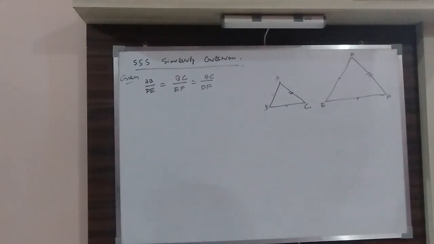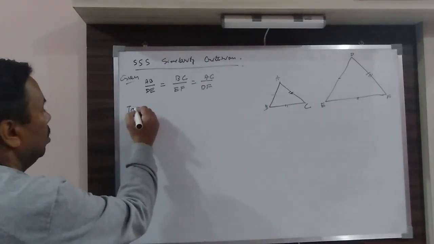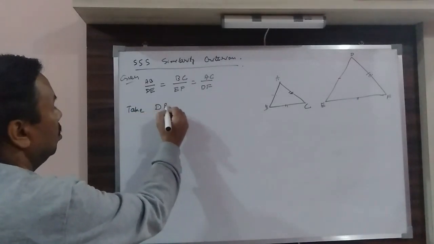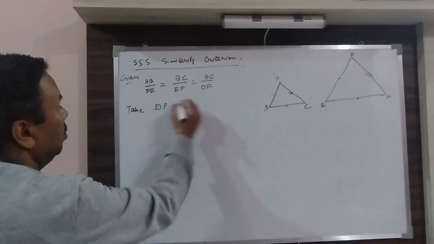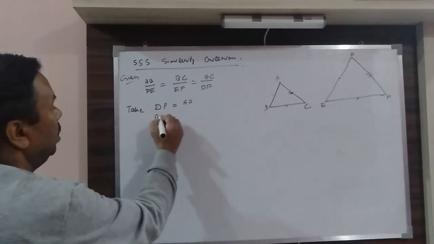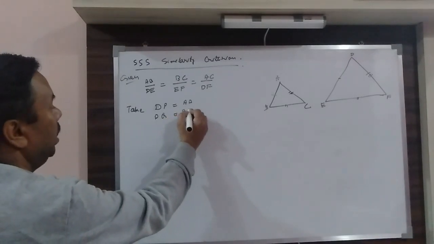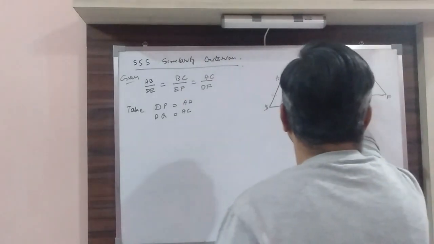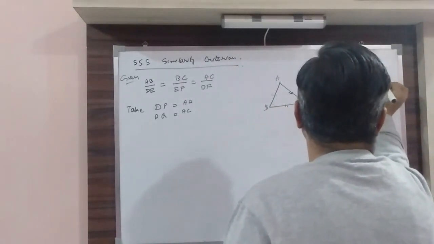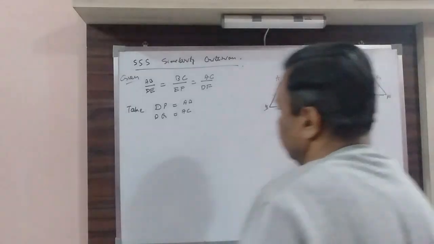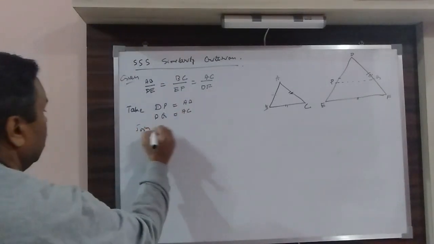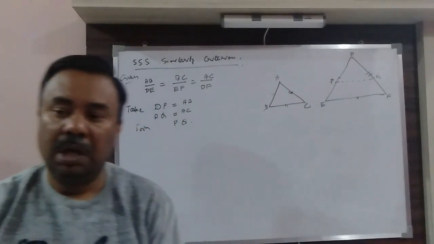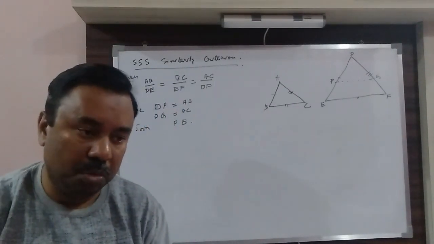So for this, again I will take DP equal to AB and DQ equal to AC. I will mark 2 points, DP and DQ, and I will join PQ.